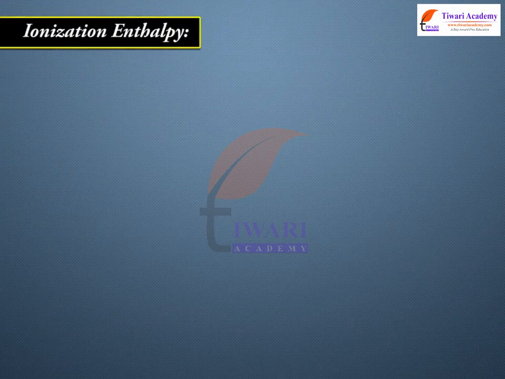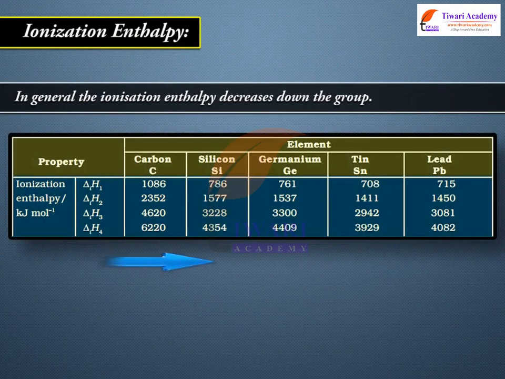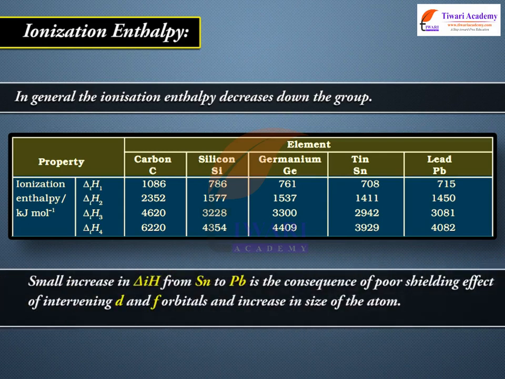Ionization enthalpy. In general, the ionization enthalpy decreases down the group. Small increase in ΔiH from Sn to Pb is the consequence of poor shielding effect of intervening d and f orbitals, and an increase in size of the atom.